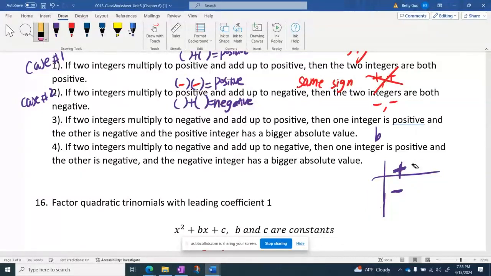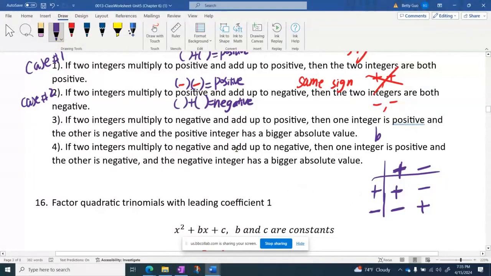I want to do this. So if both the two numbers are positive, they multiply to positive. If one is positive, the other is negative, they multiply to negative. Same as here, if one is positive, the other is negative, they multiply to negative. If they are both negative, they multiply to positive.